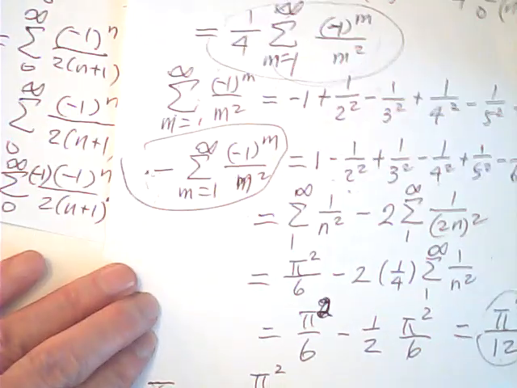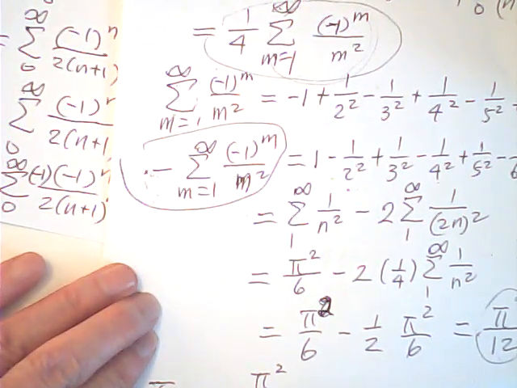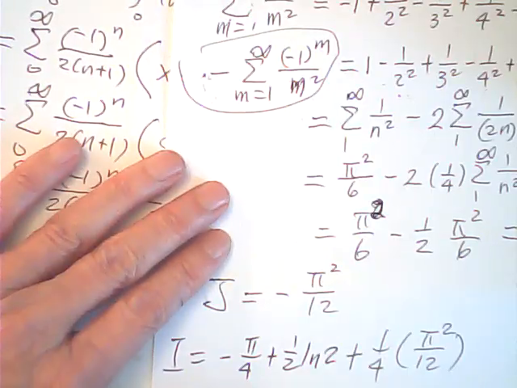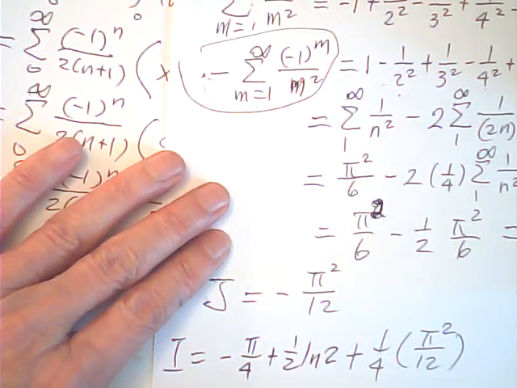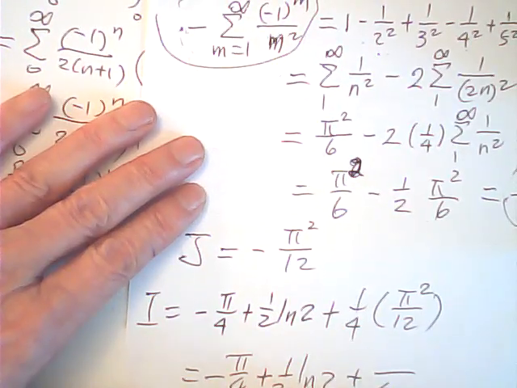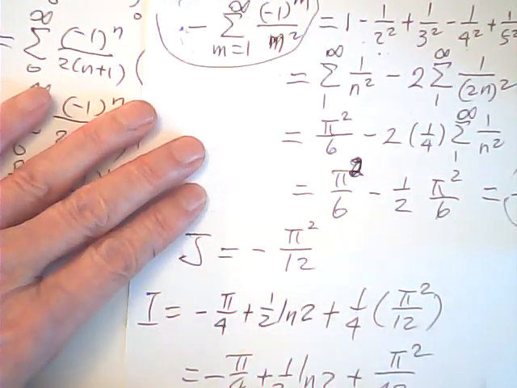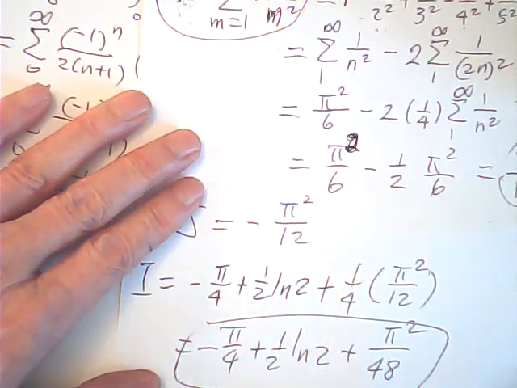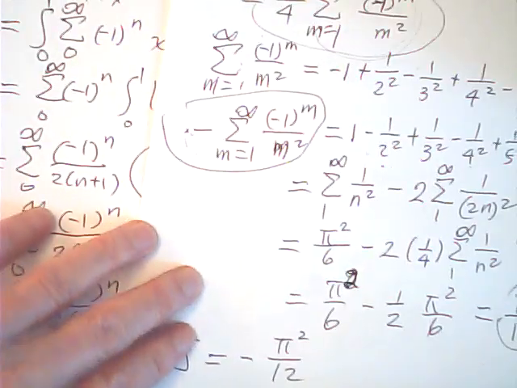So plus 1/4 of pi square over 12. So finally, this is equal to 1/4 pi plus log 2 plus pi square over 48. So that is the very result.